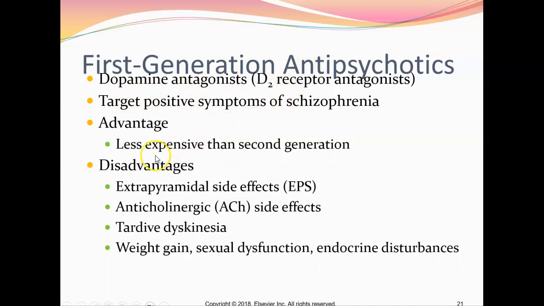Because they've been around longer, they're less expensive than the second generation medications. But some of the disadvantage to this is that we see more extrapyramidal side effects. We also see some ACH, anticholinergic side effects. They can develop tardive dyskinesia and weight gain, sexual dysfunction, and some endocrine disturbances.